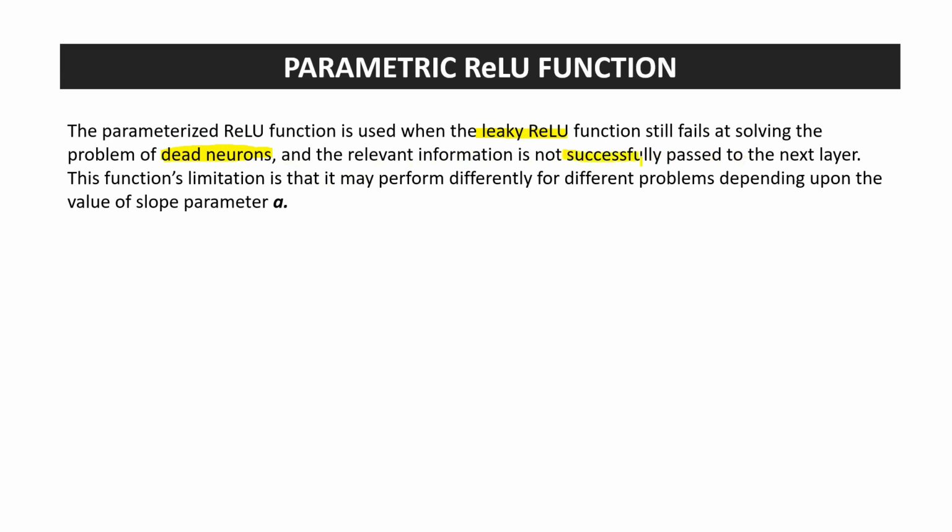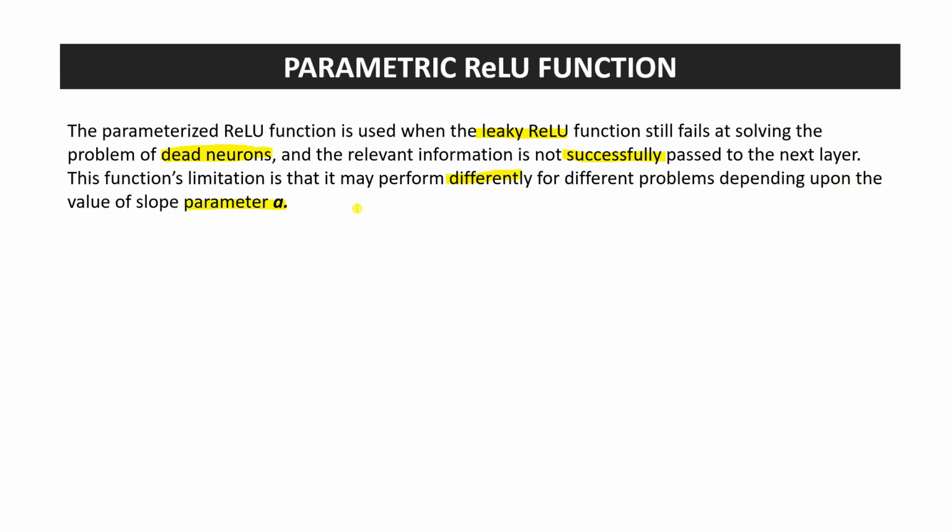Okay, because it's time consuming, and sometimes it will not give you a consistent value. The limitation is that it may perform differently for different problems depending upon the value of the slope parameter A or alpha. For different problems you have to pass in different parametric values. This is one limitation.